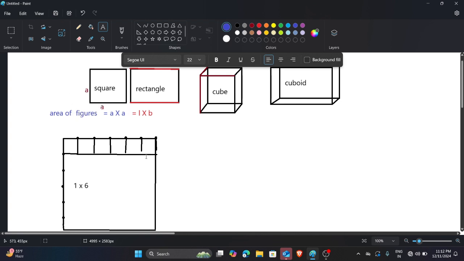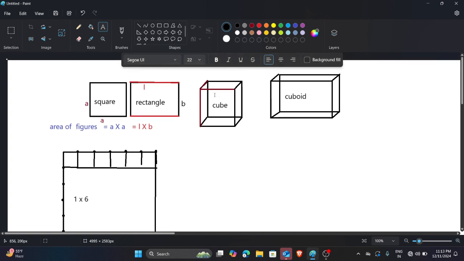Area of figures. Similarly, this side is L and this side is B. So I write here L. And this side is nothing but the B, you can say the breadth. This is length and this is breadth. Okay, so this is the area of rectangle.